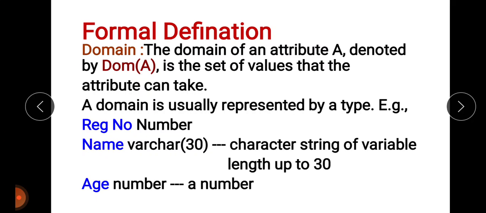For example, register number is an attribute name, that is a column name, and number is its data type. Name is an attribute, and varchar is an alphanumeric data type with size 30, that is, the memory allocated is 30 spaces. Age is an attribute whereas number is its data type.